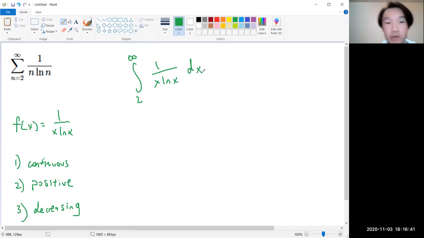Is this something we know how to integrate? One over x times 1 over ln of x.